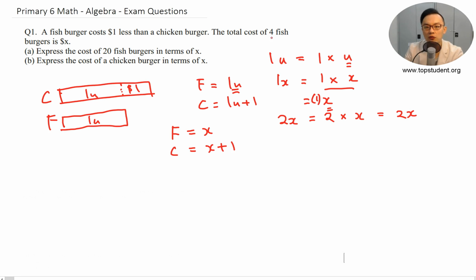The total cost of 4 fish burgers is X dollars. So 4 fish equals X dollars.